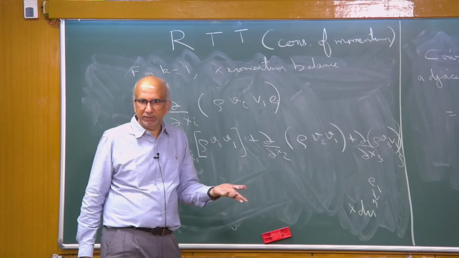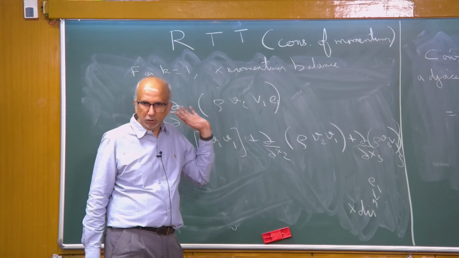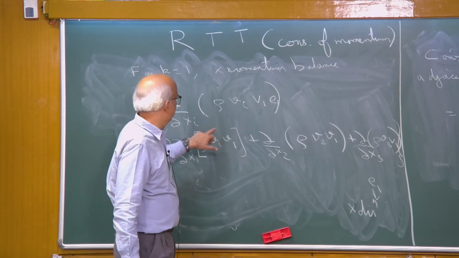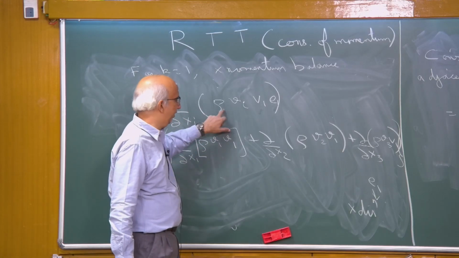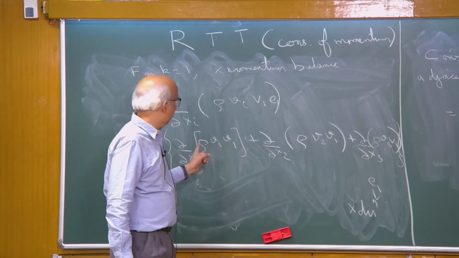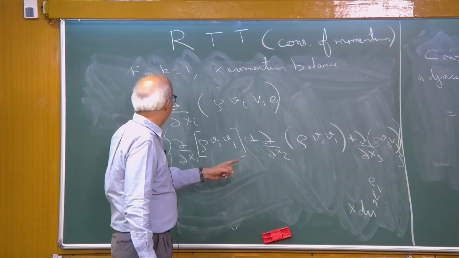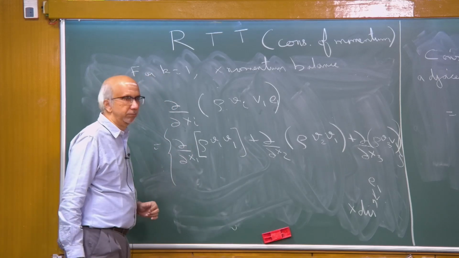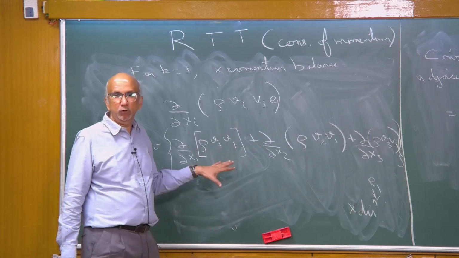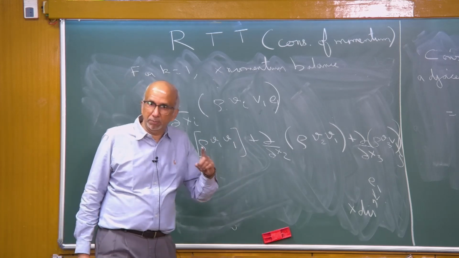In Cartesian coordinates it does not change, so it is a constant, and I take it outside. Then I will use the product rule. All I have done is written the summation, and there is a rho somewhere, rho is here.